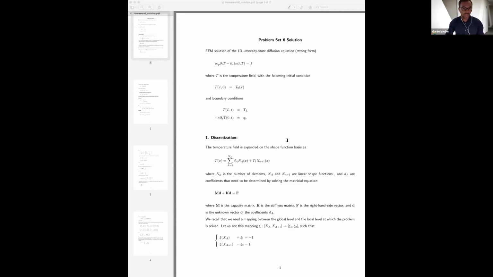So that becomes a non-dimensional unit, the temperature unit that we solve for.